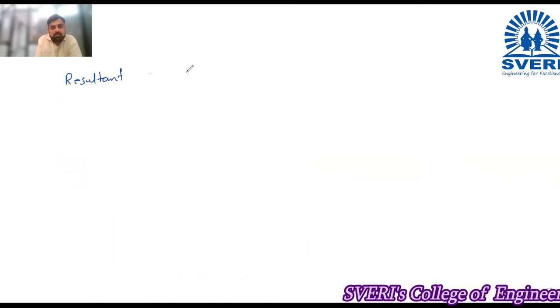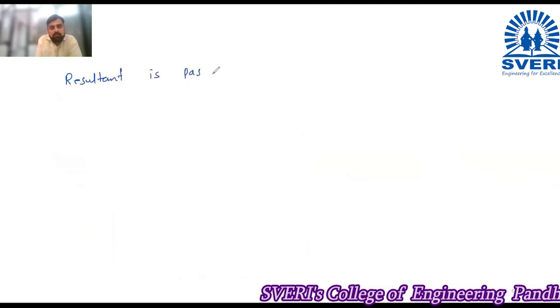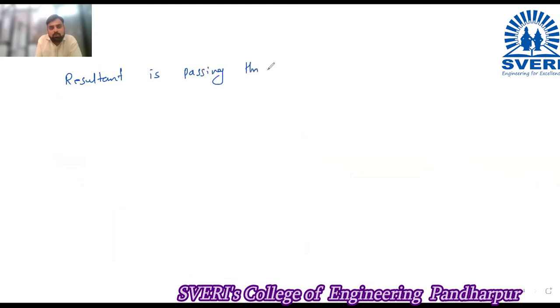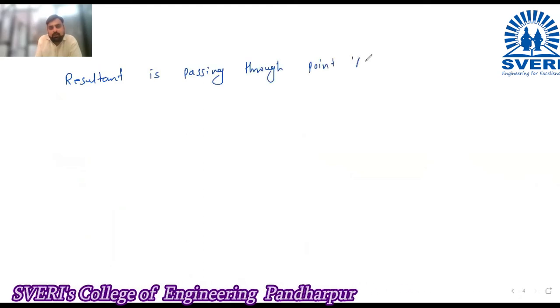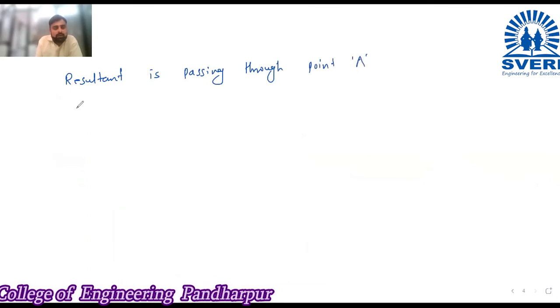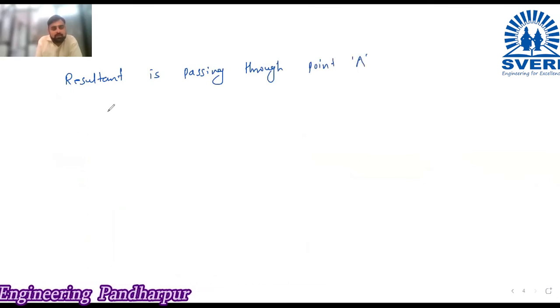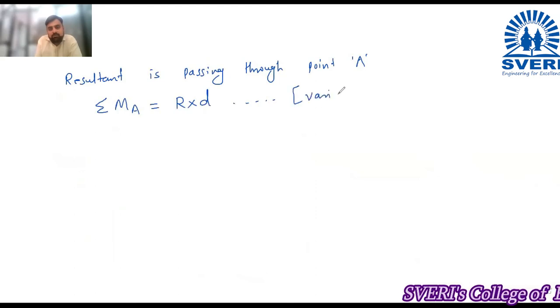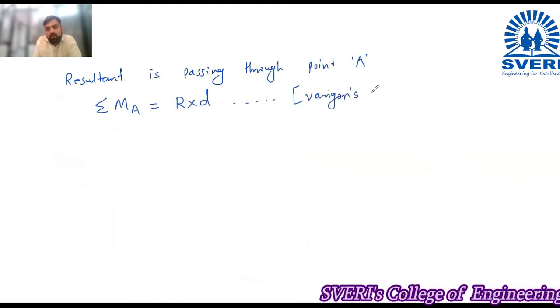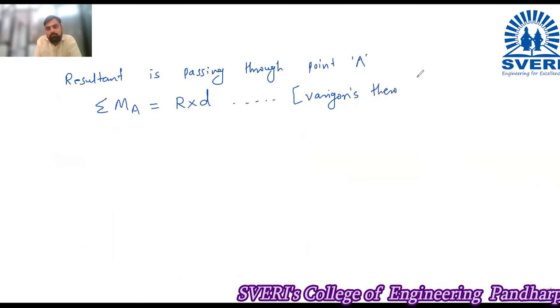I will write here: resultant is passing through point A. So now therefore I can write here summation M about A is equal to what? R into d. This is the formula by Varignon's theorem.